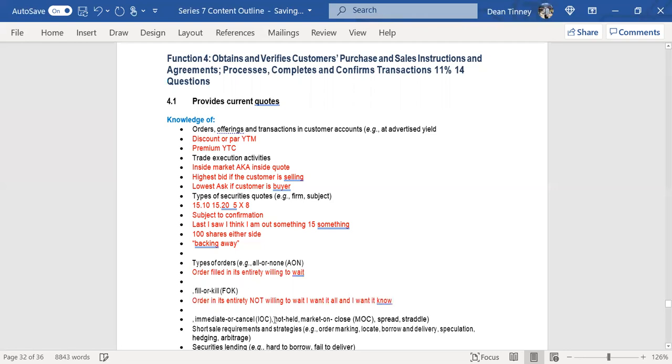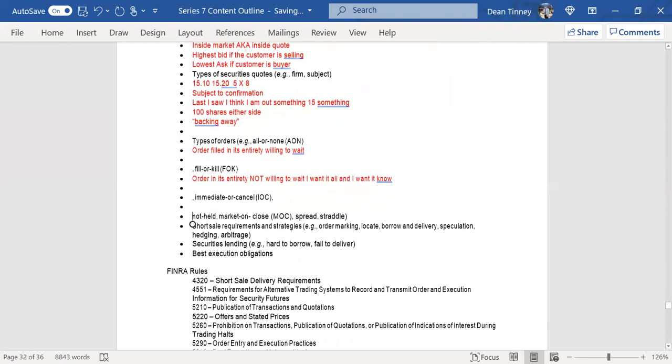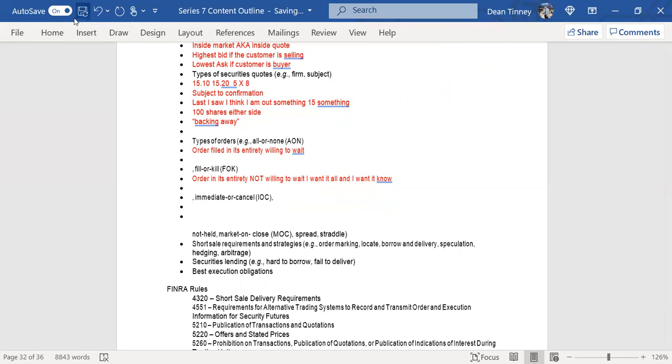Meet or cancel. Now, meet or cancel is kind of like fill or kill in that I want it right now, but unlike fill or kill, I will accept partial execution. Let me get a different color here.